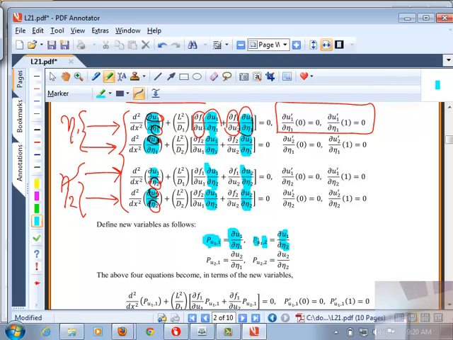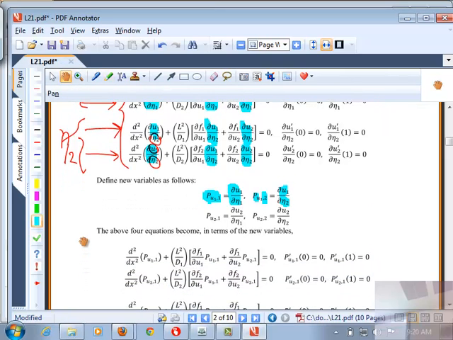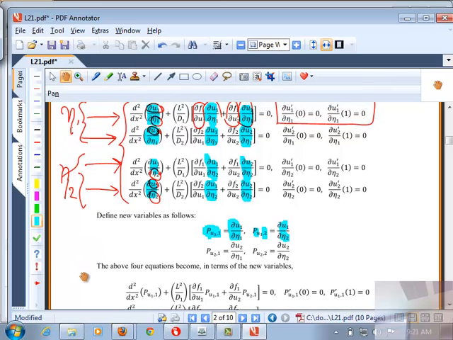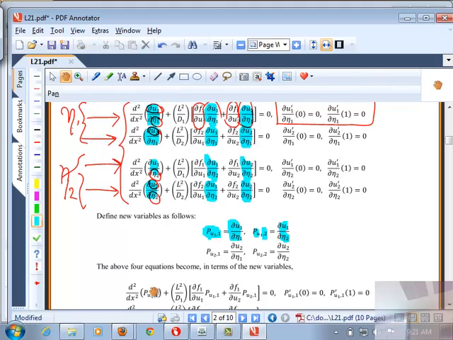In terms of those 4 variables, all I'm doing is substituting. For example, du1 d eta 1 that appears here is the same as pu11, and du2 d eta 1 is equal to pu21. So I now have 6 equations in 6 unknowns, but they are all second order equations.